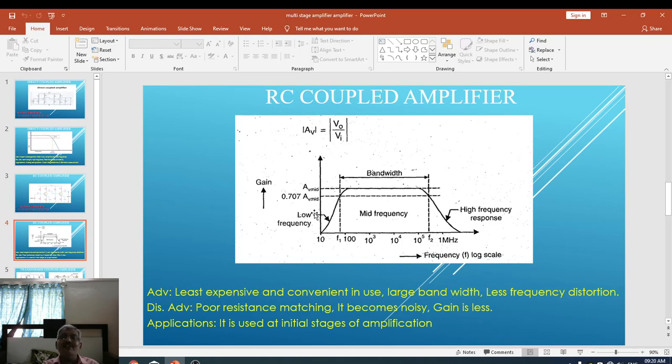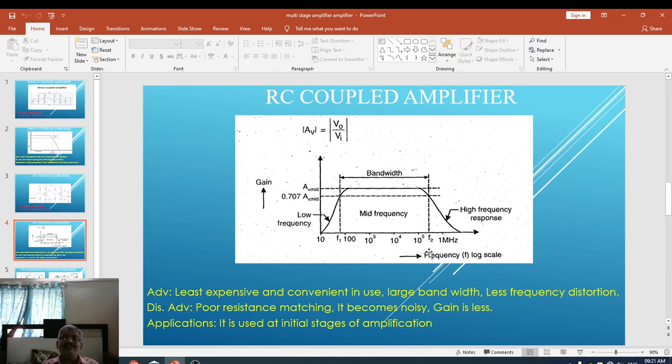Similarly, f2 is the frequency in the high frequency region where the high frequency gain falls to 0.707 times the mid frequency gain. That frequency is the upper cutoff frequency.